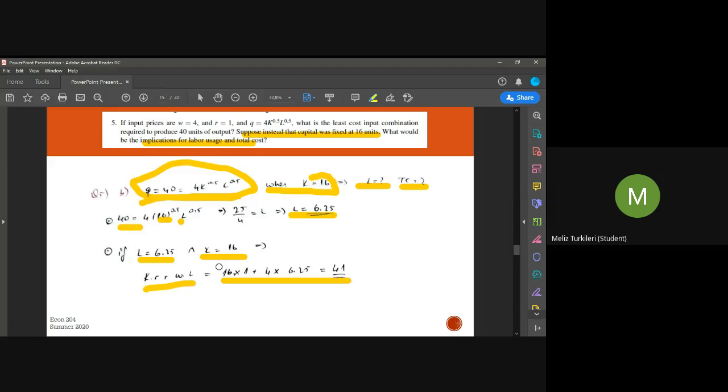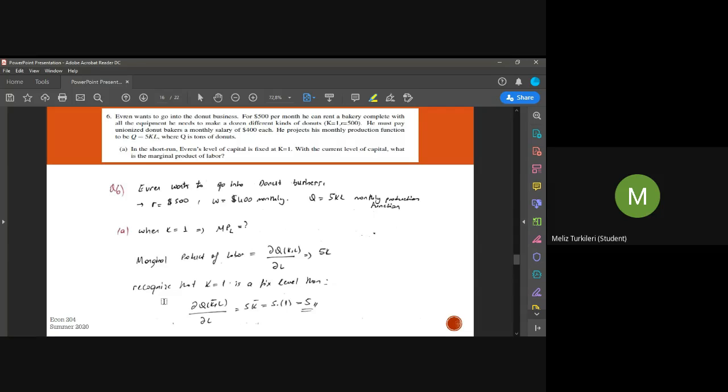I just derived L from the output function and then plugged the information into the total cost function to find the total cost for this bundle. That's all. If you have any question, you can write me. I'm going to check them also.